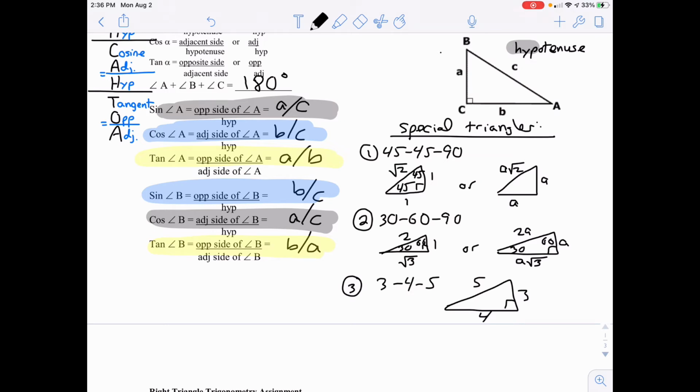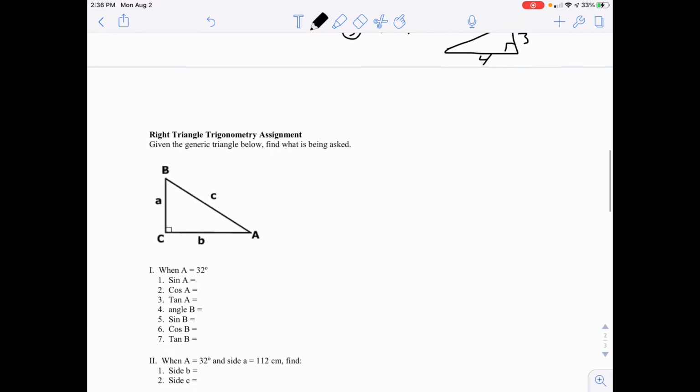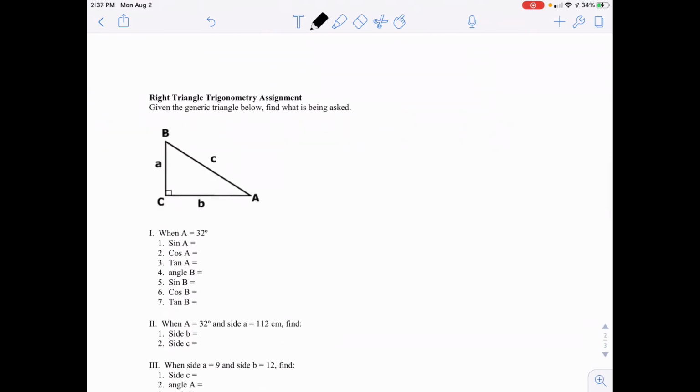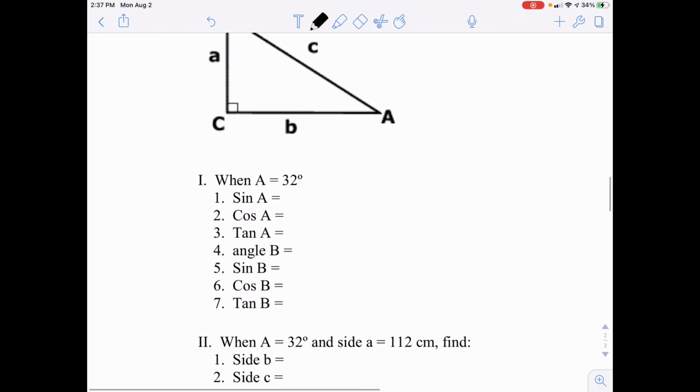On to the examples. Let's take a look at the trigonometry using numbers. Okay, in this assignment here, we have 5 parts. Now they involve the same triangle here, so we're going to recopy this triangle 5 times.